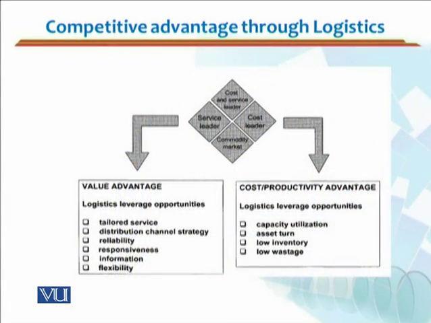Now, let us see one figure to understand this concept. You can have a service leader, of course. You can have a cost leader. You can have some commodity market. Commodity market here means you are providing some mass transit, let's say.